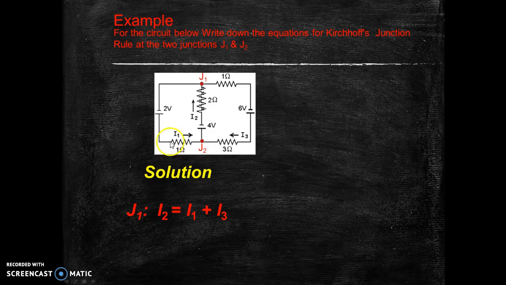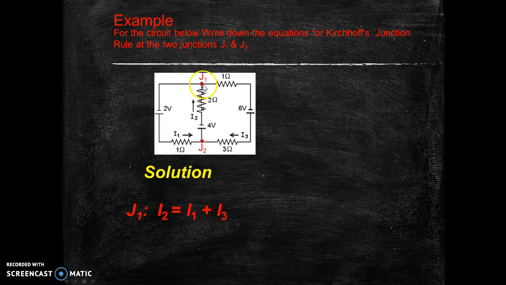So for the first junction, immediately we can see that I2 is going into the junction. I1 is flowing out of the junction all the way around.